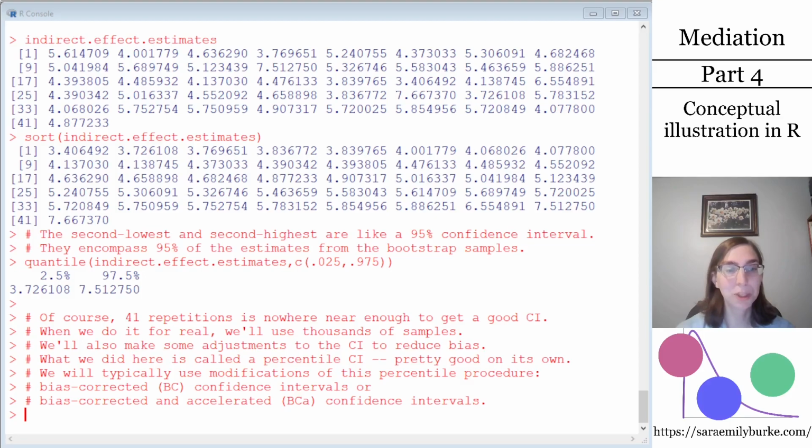But researchers will typically use some modifications of this percentile procedure, called bias-corrected or BC confidence intervals, or bias-corrected and accelerated or BCa confidence intervals. I'm not going to go into any detail about how those are calculated, except to say that they're generally accepted to be slight improvements on the percentile method, and so when the software offers you one of these options, you might as well take it.